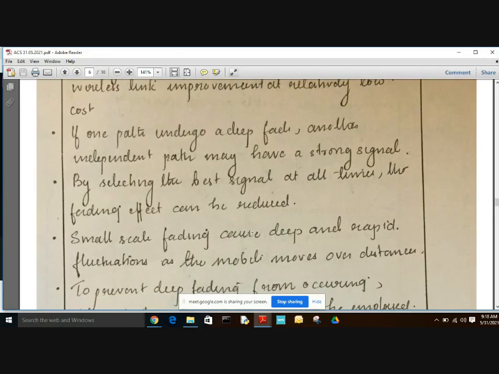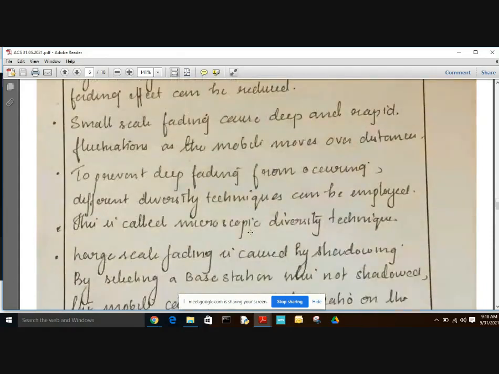So in the case of small scale fading like frequency selective fading, it causes deep and rapid fluctuation as the user moves over a distance. To prevent deep fading from occurring, different diversity techniques can be employed. In small scale fading, the diversity technique is called the microscopic diversity technique.